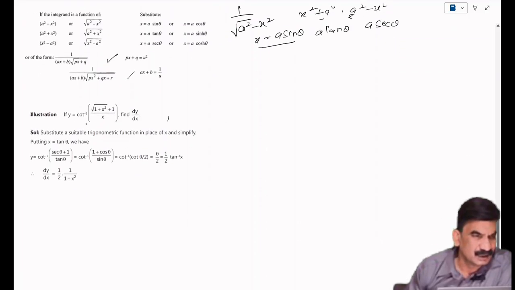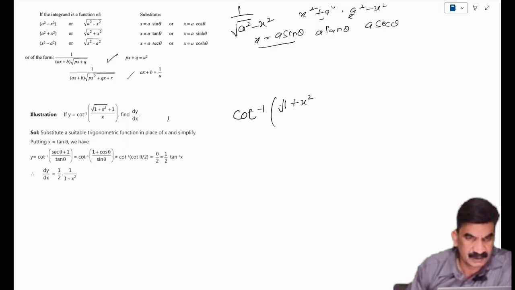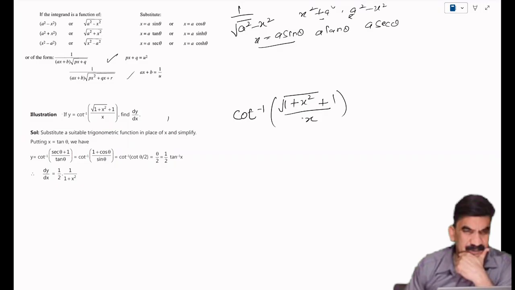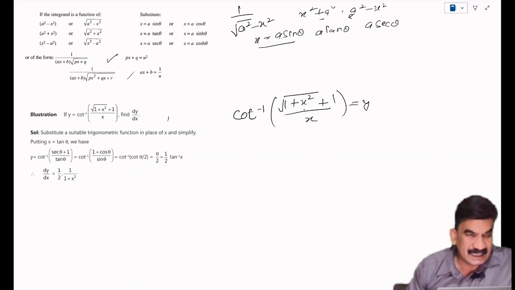For example, a function is given which is cot inverse of root of 1 plus x squared, plus 1, by x. Now this will be absolutely nightmarish to first equate it to y and then differentiate with respect to x. You can do that, nobody stops you, but then under root and all this. Instead, if you substitute x equal to tan theta, the moment you do that, you get sec theta plus 1.